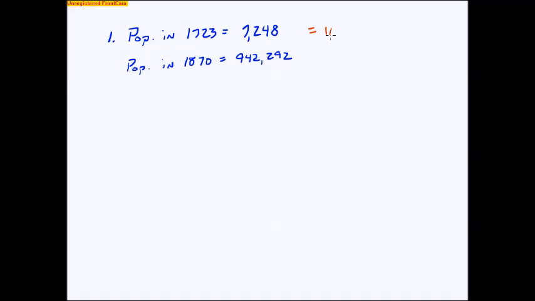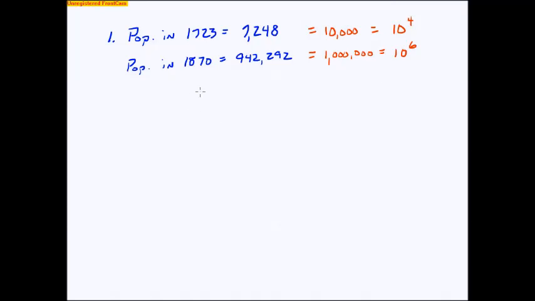I would want 10,000. That would be 10 raised to the fourth power. If we did the same thing with the population in 1870, we would want the number 1 million, again the smallest power of 10 that was bigger than that population. So that would be 10 to the 6.